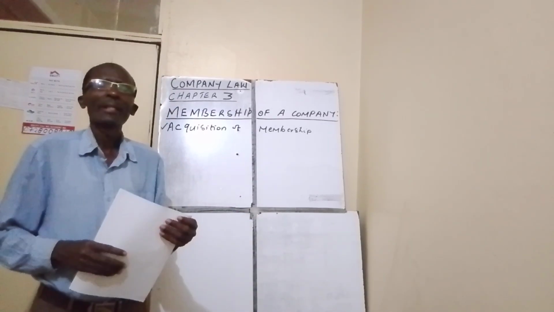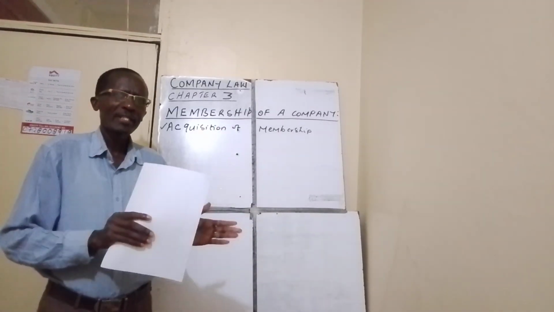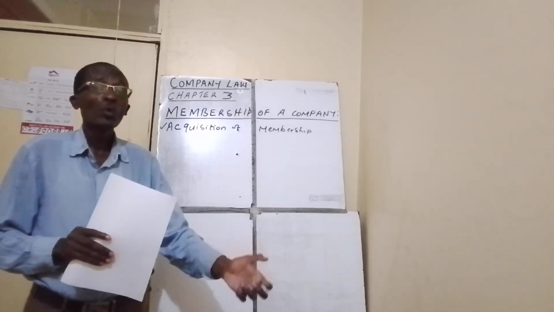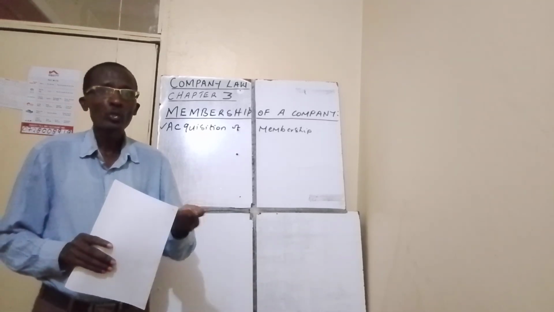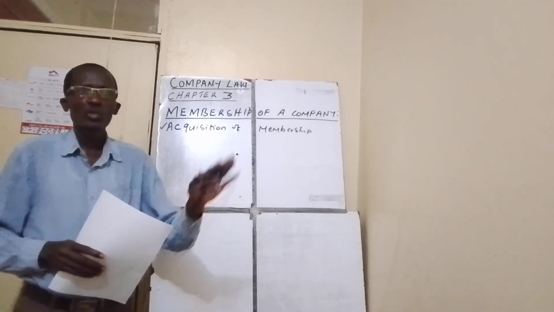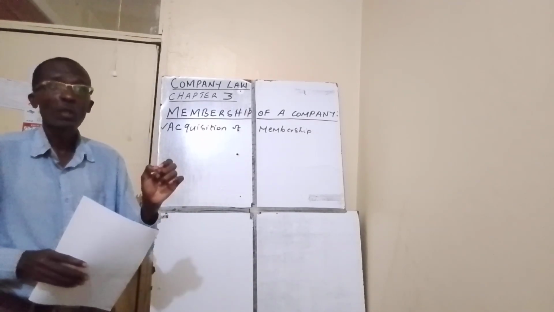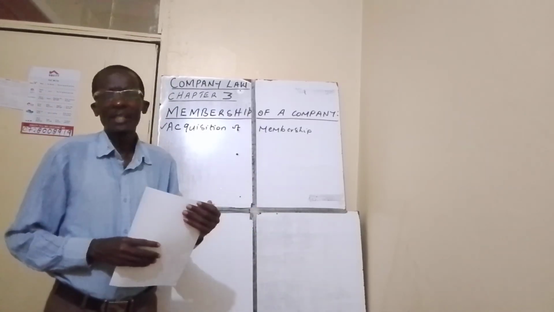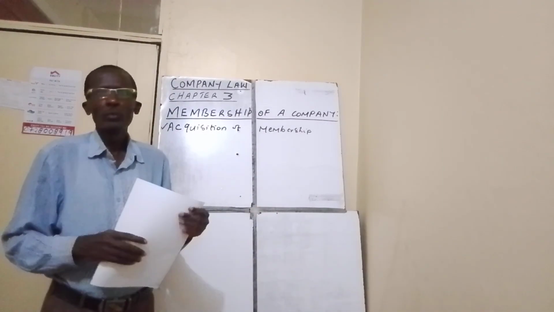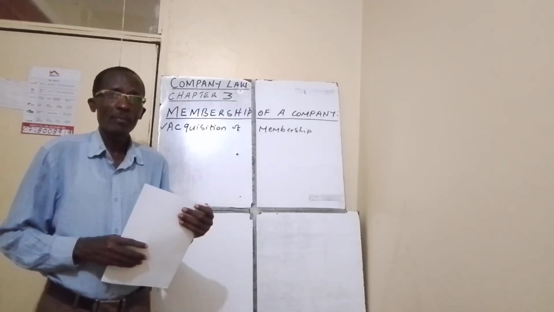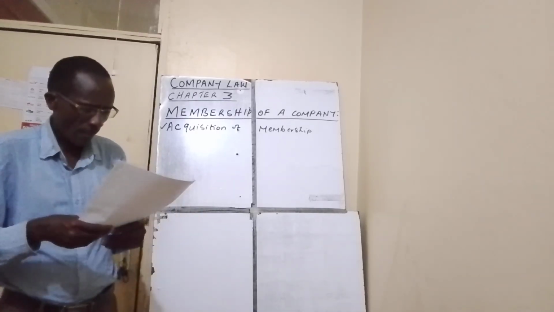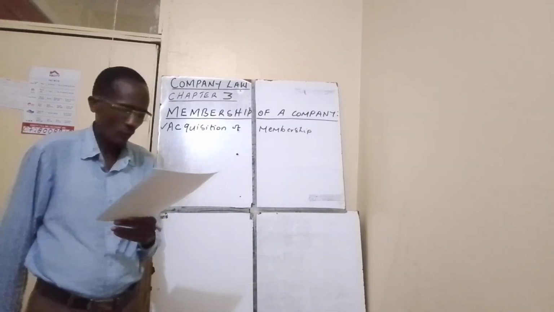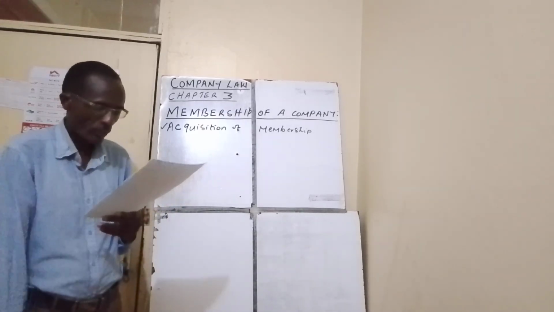This occurs where we have an existing shareholder, that is an existing member, who is willing to sell the shares to a new member or a new shareholder. In that case, the existing member will stop being a member and the new purchaser becomes a new member. So this is by transfer from an existing member.